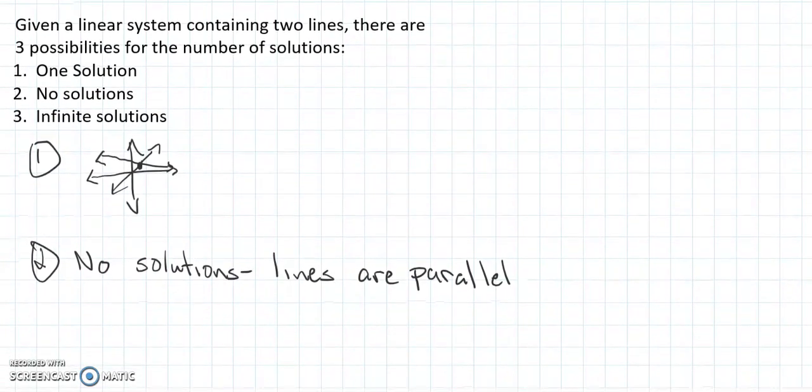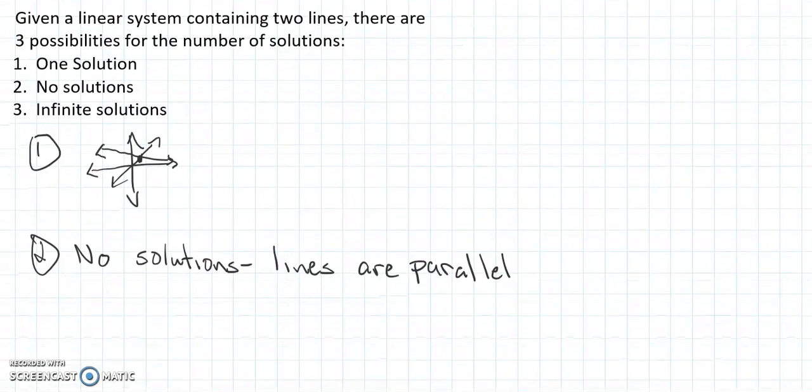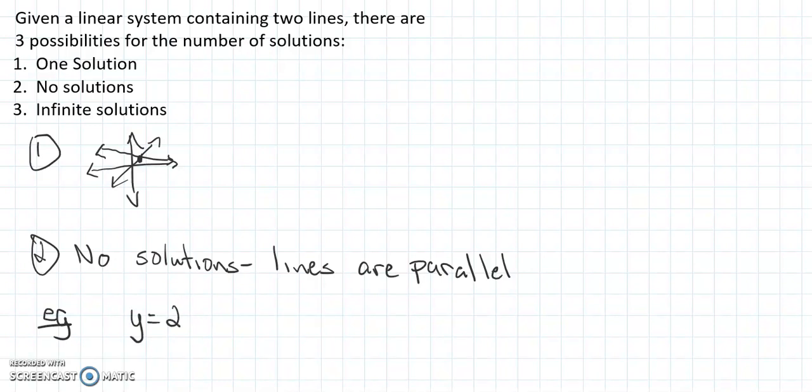Now we haven't seen that come up yet, but let's just do an example here. Let's say you've got y equals 2x minus 1 and y equals 2x plus 3. We know these are parallel because they have the same slope.